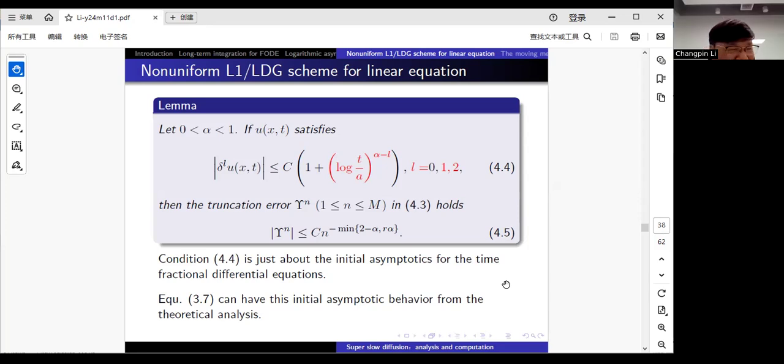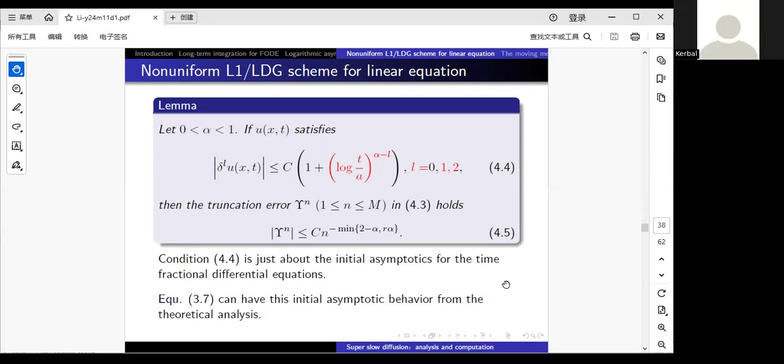Thank you for your question. There are some anomalous diffusions, but for the typical anomalous diffusion, the physical process behaves with algebraic asymptotics. But for some kinds of diffusion, it is very slow.